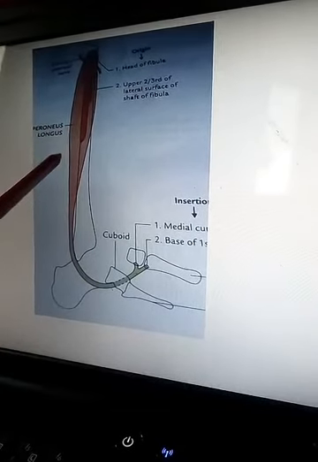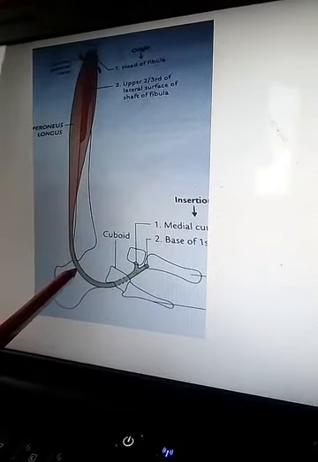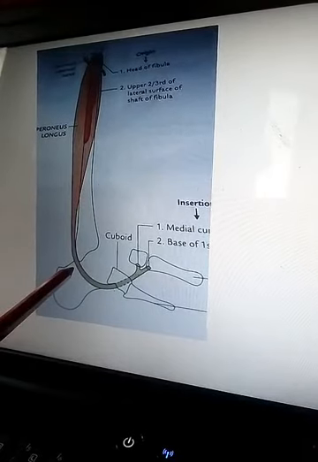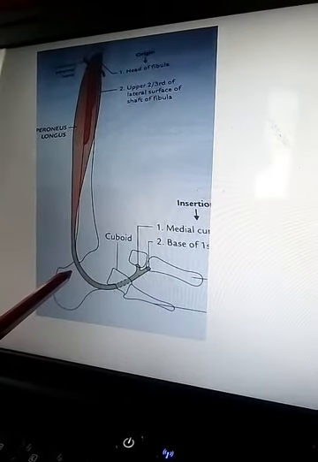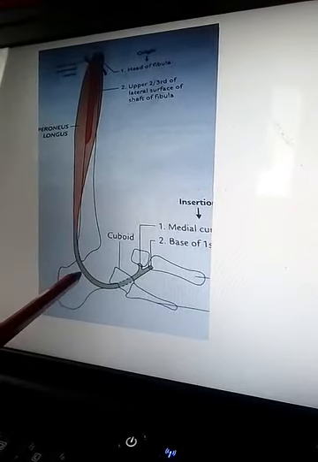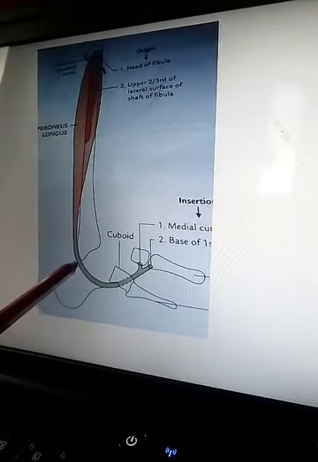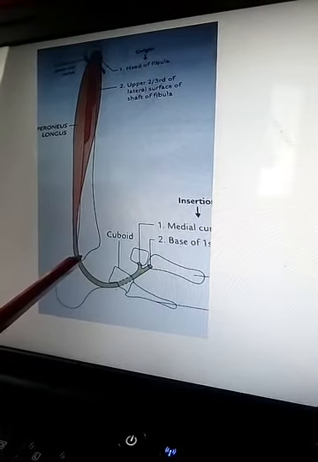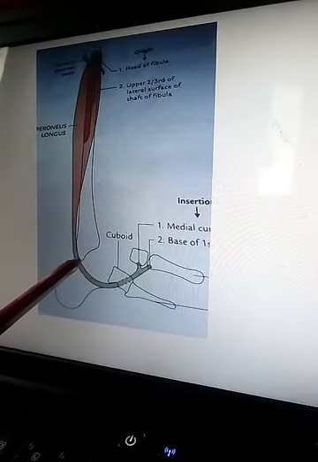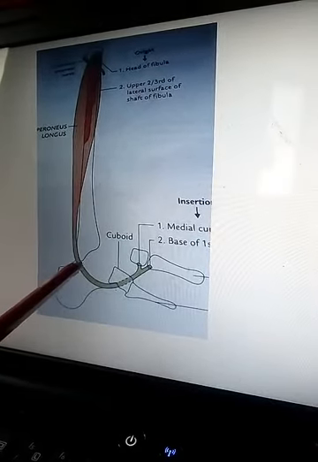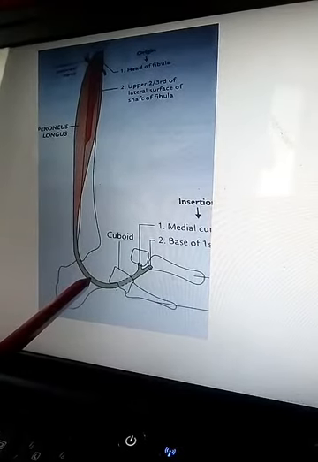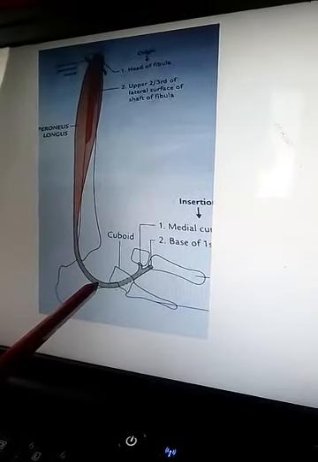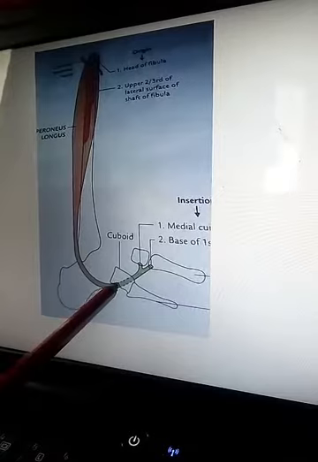The muscle converges below to form a long tendon which lies superficial to the tendon of the Peroneus brevis and lodges itself along with the tendon of Peroneus brevis into a groove behind the lateral malleolus underneath the superior peroneal retinaculum. After emerging from underneath this retinaculum, the tendon of Peroneus longus passes downwards and forwards through the inferior pulley of the inferior peroneal retinaculum below the peroneal trochlea of the calcaneum.